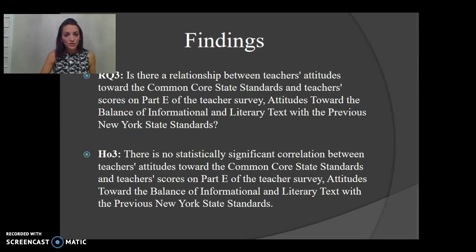Finally, for research question 3, the null hypothesis again was rejected because there was found to be a statistical correlational relationship between teacher attitudes of the Common Core and their scores on Part E of the teacher survey. And this section of the survey evaluated their attitude toward this balance in comparison to the previous New York State standards.